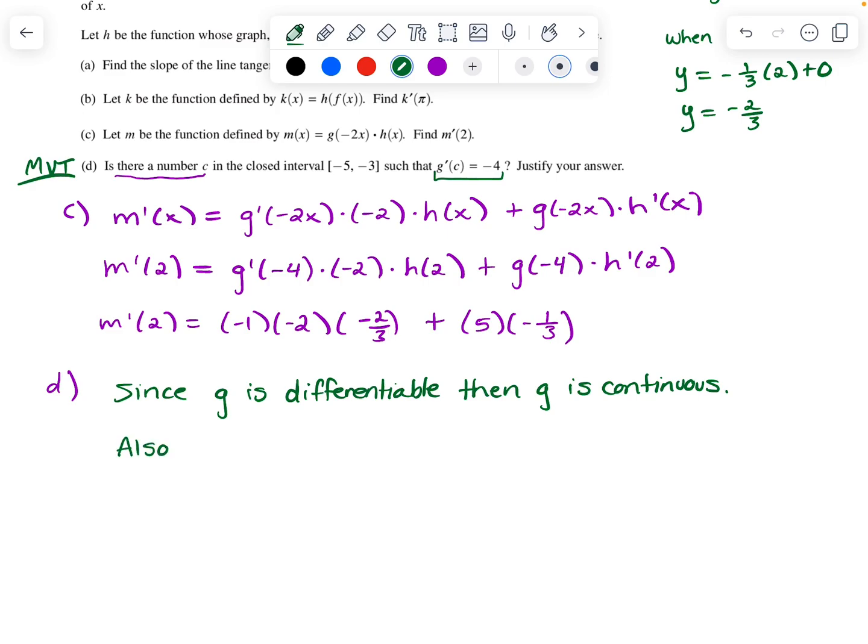Also, we're going to show that the average rate of change over the interval given is in fact equal to -4. So I have to check that g of -3 minus g of -5, over -3 minus -5, is in fact equal to -4.